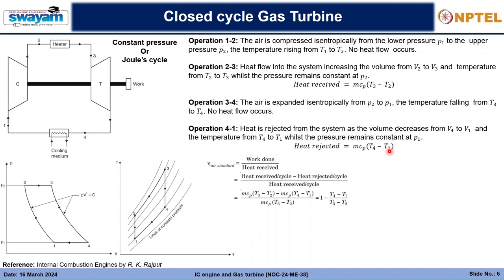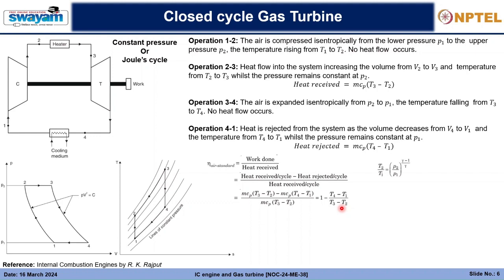The thermal efficiency, or the air standard efficiency, can be calculated this way, where the Cp is that of air, Cpa, and that will be simply 1 minus (T4 minus T1) divided by (T3 minus T2). That is the air standard efficiency of a Joule cycle or constant pressure cycle.